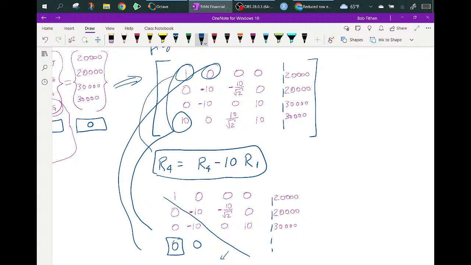Obviously nothing happens here. 10 over square root of 2, and there's 10. Then you take 10 times that, so minus 20, not 20,000, but 200,000, right? And then you add it to 30,000. Is that 170? Isn't that 170?